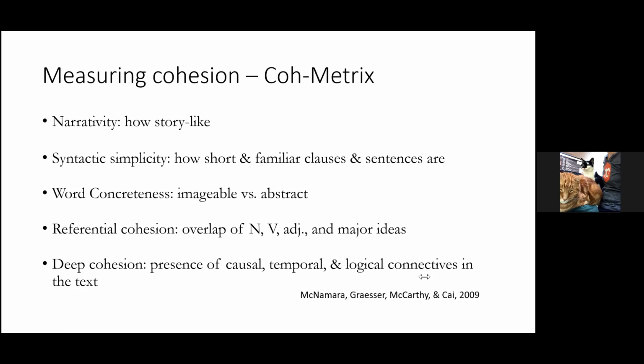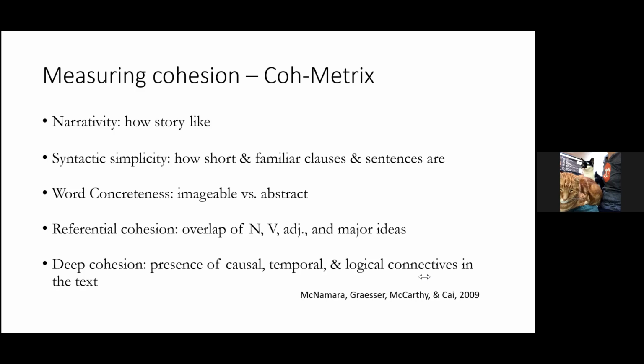Coh-Metrix was come up with by Art Graesser and Danielle McNamara and their team at the University of Memphis. They started work on this quite a while ago, several decades ago, but have really picked up a lot of steam in what they're looking at.